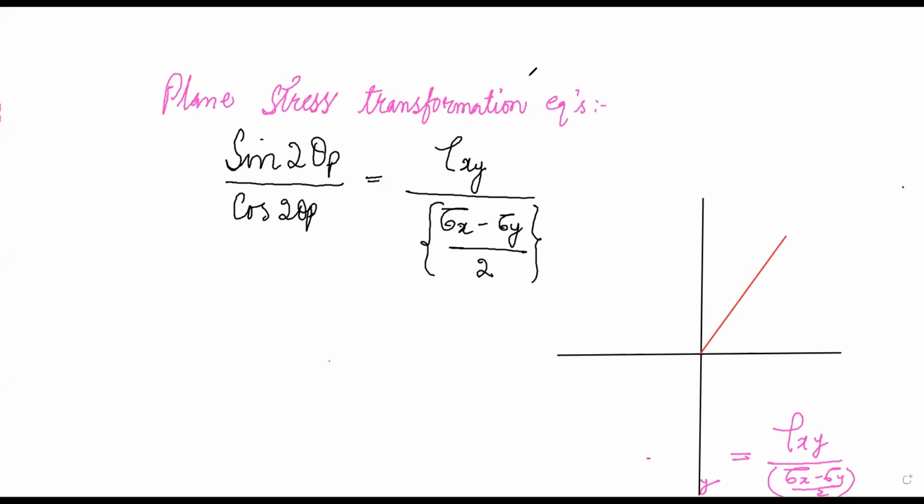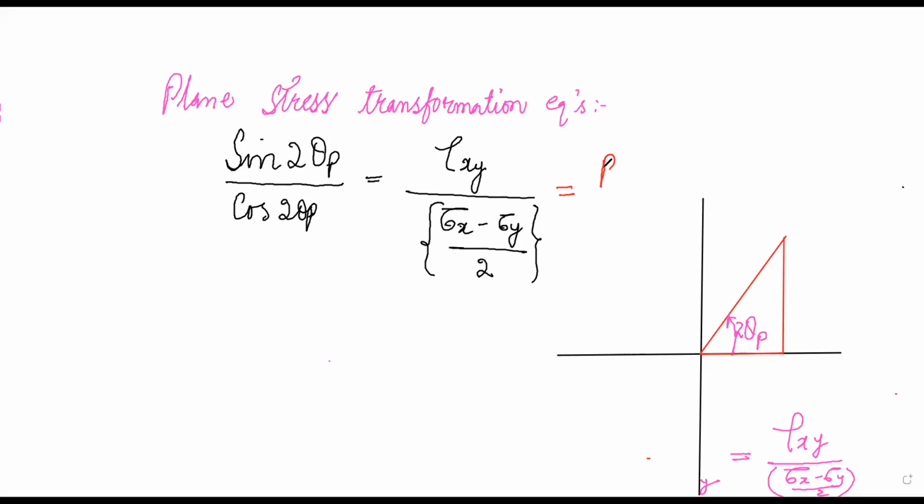Let's say this right angle triangle describes an angle with respect to the horizontal axis equal to 2 theta p. We are drawing this right angle triangle in such a way that sine theta by cos theta is considered.